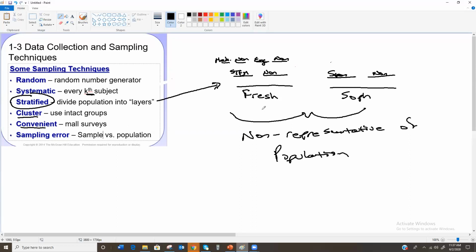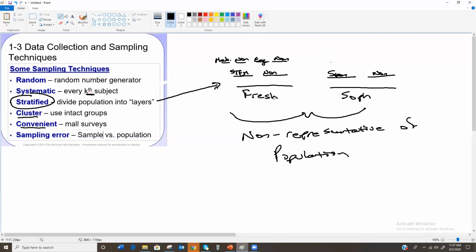Does a population of students necessarily have equal numbers of freshman STEM medical versus freshman STEM non-medical versus freshman non-STEM English, freshman non-STEM non-English? Are you going to get this balance right? What do you guys think? Would the balance be right compared to the population? No. Very unlikely.